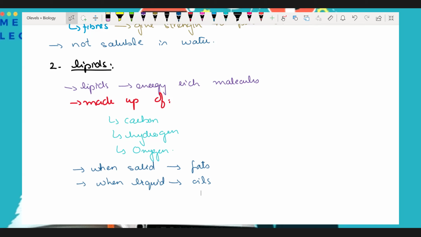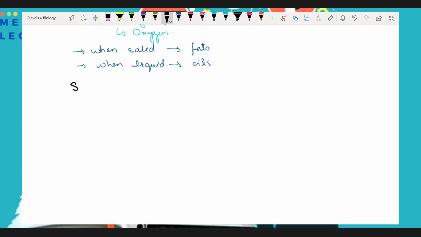So we have to see the structure of lipids. Okay, could you tell me anything about the structure of lipids?